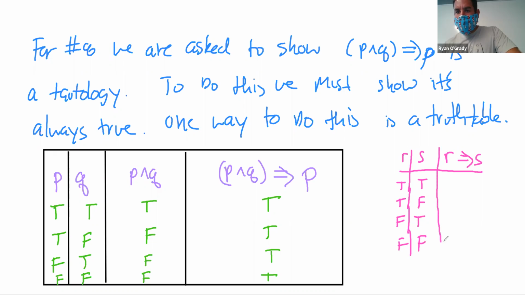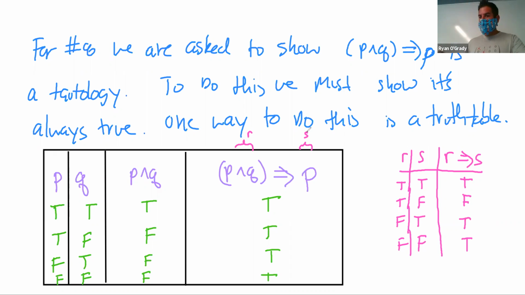Now, the definition says it's false only once, in this case, where you're lied to. I make a promise, I don't keep it. Every other time, I'm not lying to you, so it's always true. So if you're keeping score at home, I'm thinking of this as R. When I read this table, this is my R, and this is my S.